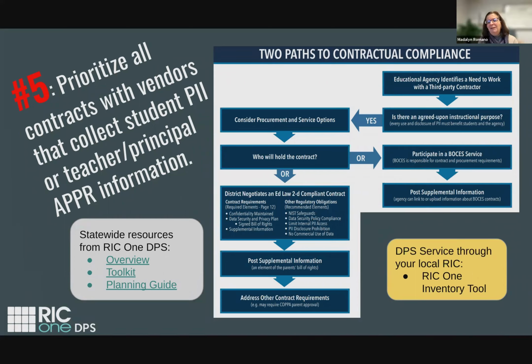So that means, as Jason Clark was saying, this is up to every charter school person engaging in a contract with a vendor. You need to make sure that the contract has all of the elements of Ed Law 2D, that they'll sign your parents' bill of rights and provide the supplemental information. The links that Jason has over here, the toolkit and the planning guide, have check sheets that you can use to help you facilitate that process.